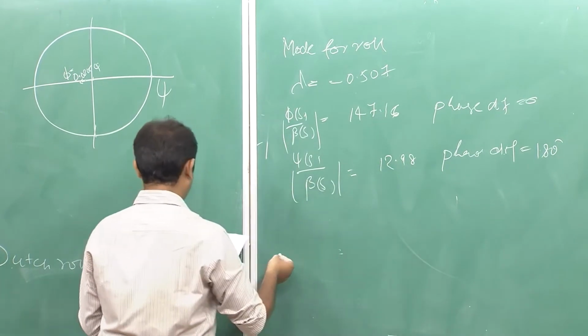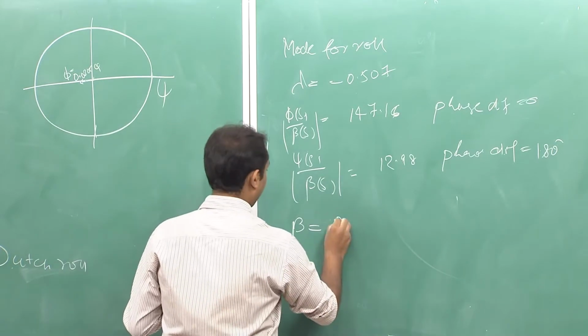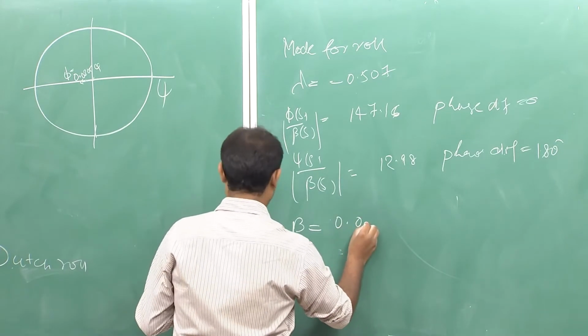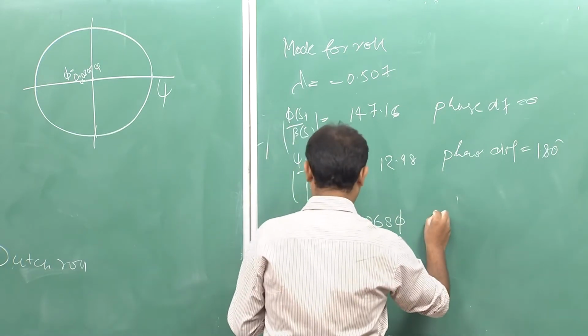Similarly, we can write beta in terms of phi as 0.00685 and your psi will be 0.0885.